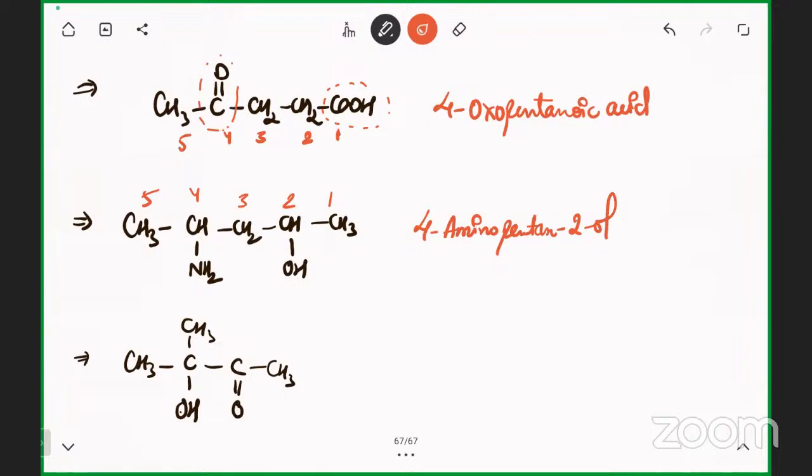Clear? Yes, sir. Okay. Next one. OH and ketone. Alcohol and ketone.